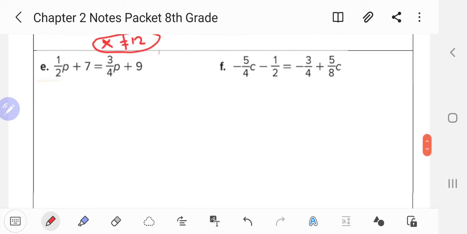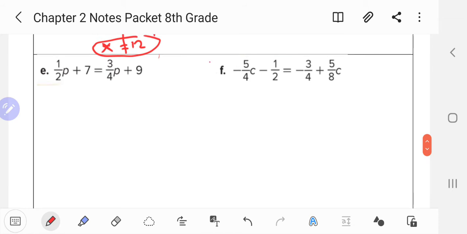All right, now I'm going to choose to just do f for the sake of time. I'm going to just use the way it's written right there to save myself some time and space of recopying it. Do I have variables on both sides? Yes, I do. I have the c there and the c there. So our first step is to get rid of one of those terms that contains the c, the whole term.